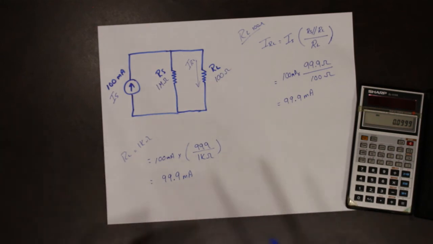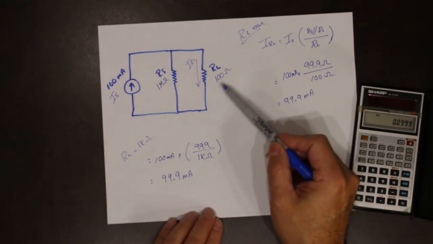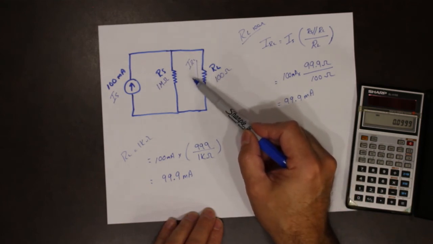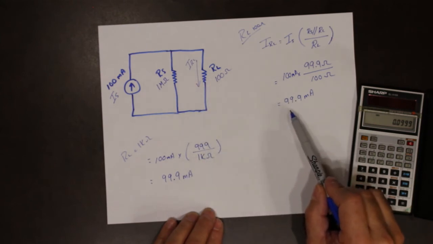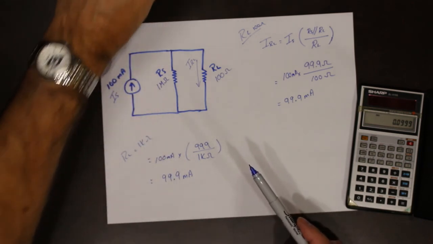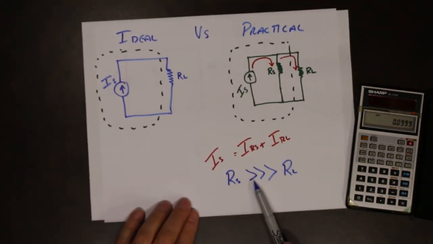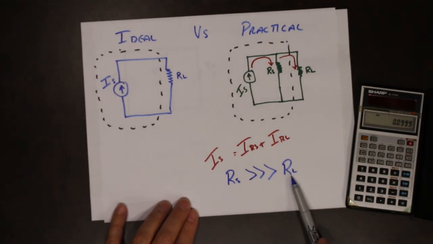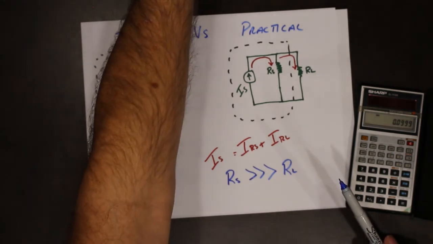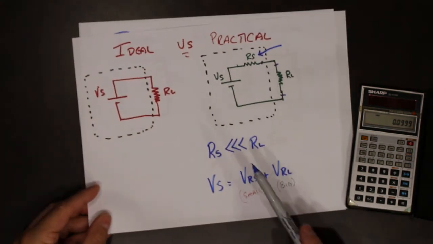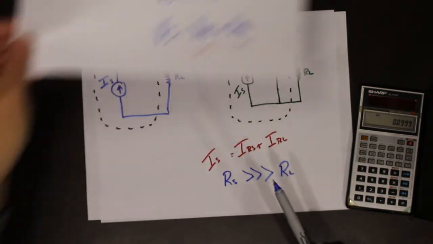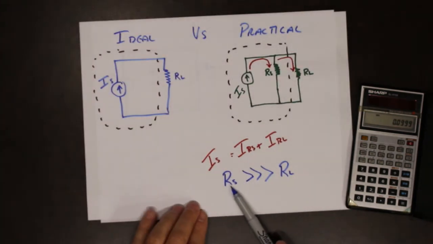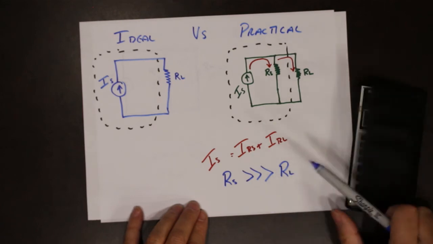But again, the concept is we're varying the resistance at the load, but the load current is staying relatively constant as long as we have an RS which is a lot larger than RL.